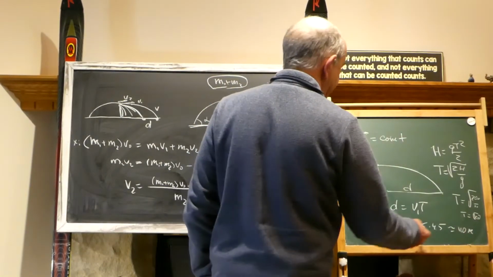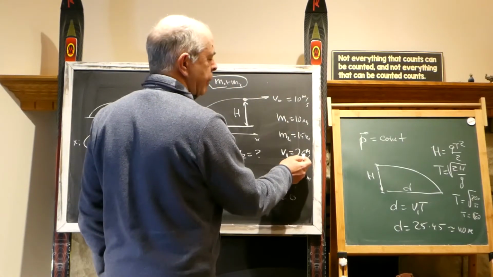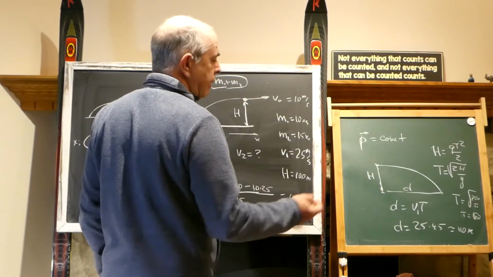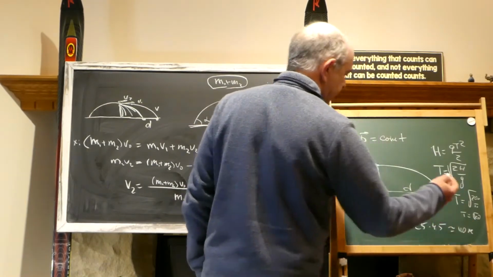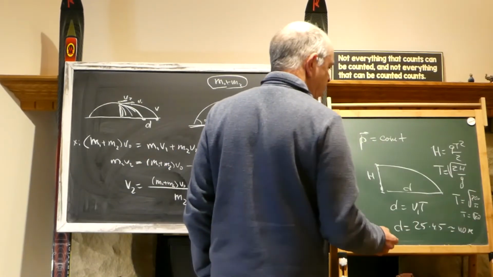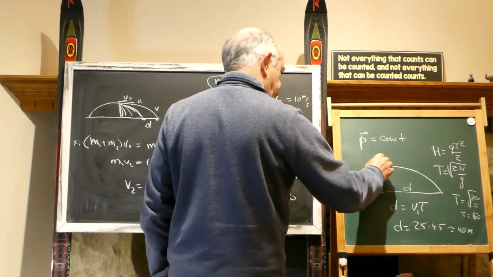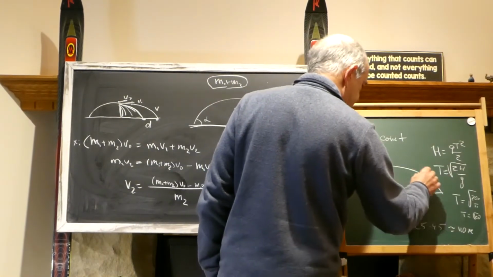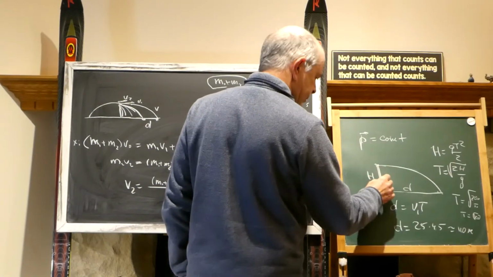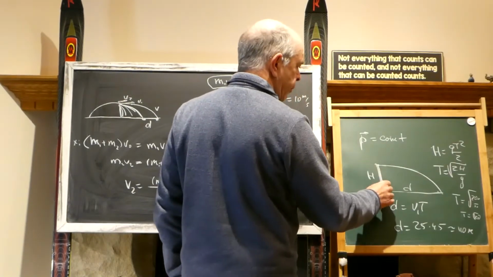So in 4.5 seconds, if the body moves with 25 meters per second, it will roughly cover 110 meters in this direction. So the first body will fall, the second body will move in a parabola, but it will be along this direction, it would be free fall.